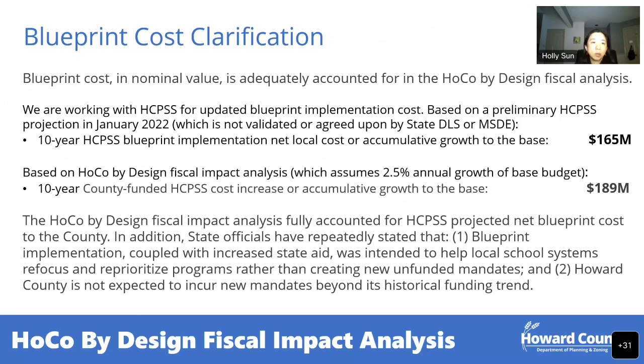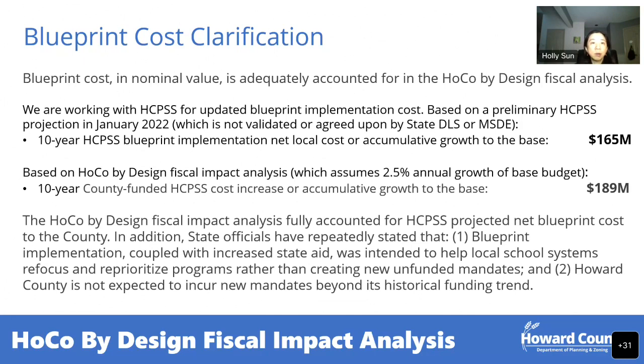And I know they are working very hard to develop the superintendent's proposed FY24 budget. So after that becomes available, I think they might have an updated version with updated information for the next many years, because they typically generate a multi-year projection after that as well. But based on the numbers we had last year, that's the last time we had a detailed Excel sheet from them for the blueprint cost.